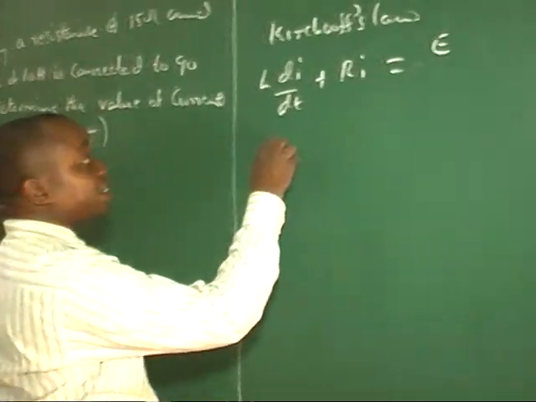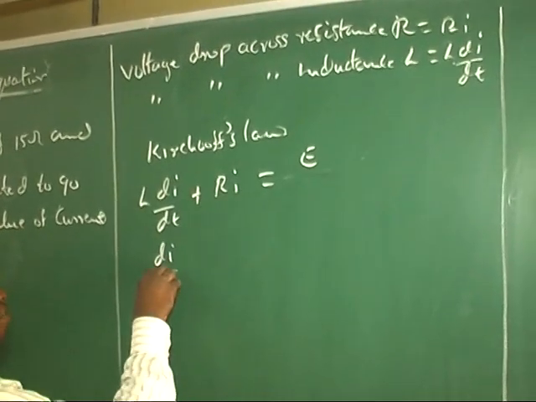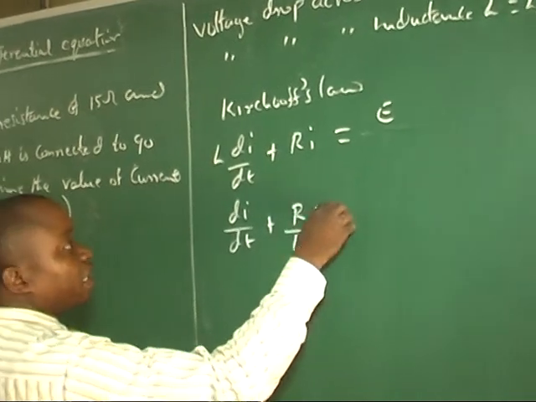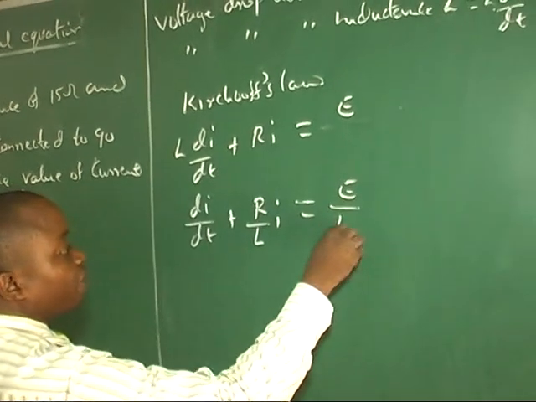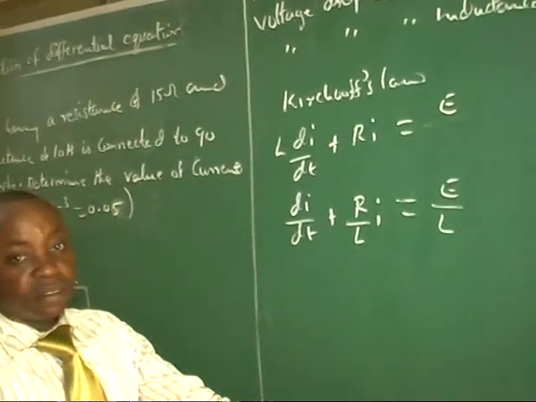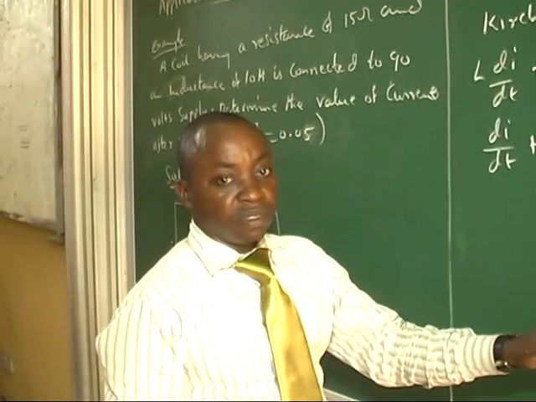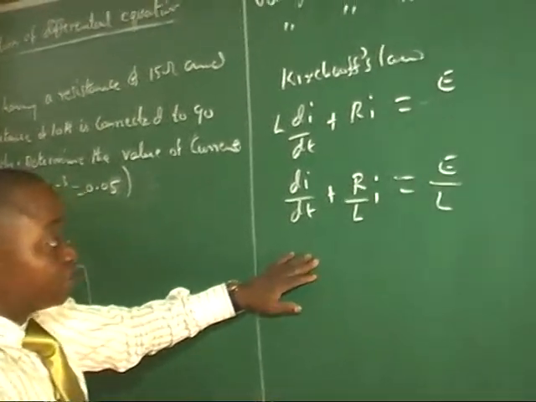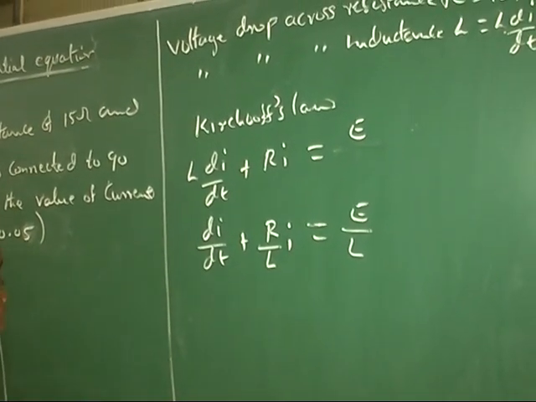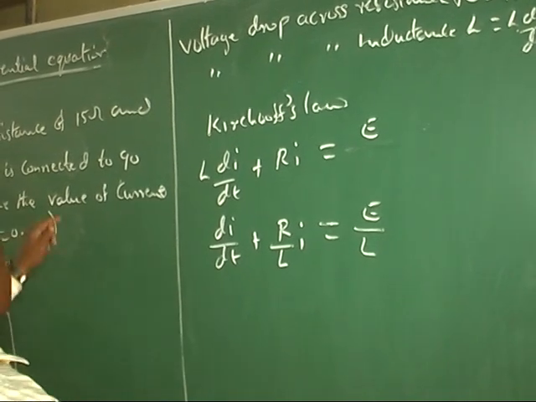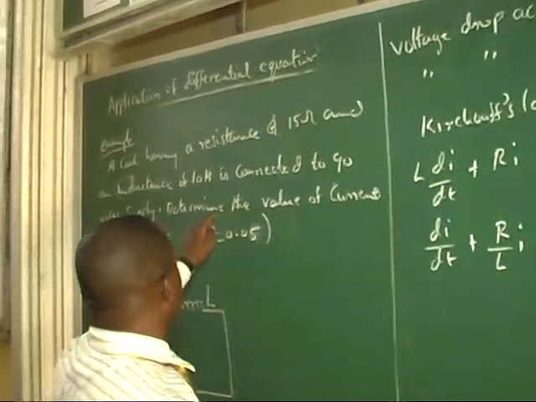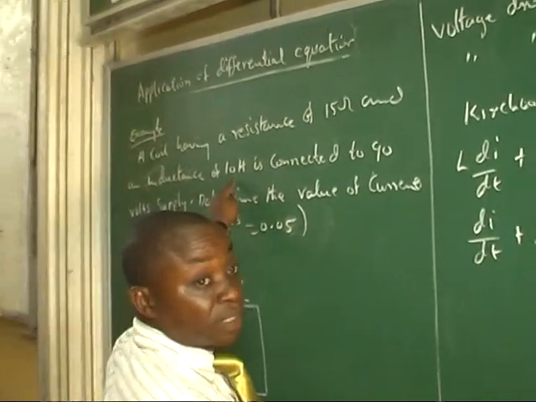So which we can write as dI/dt plus R over L times I is equal to E over L. You see how we follow the pattern that we used before to prove. So at this point, we are told that the resistance is 15 ohms, while the inductance is 10 Henry.